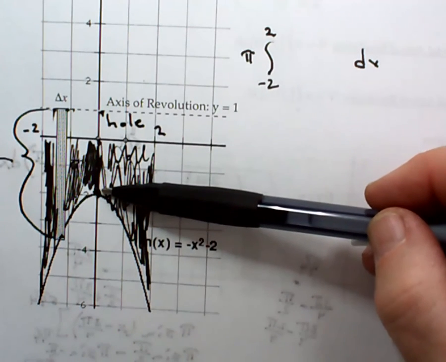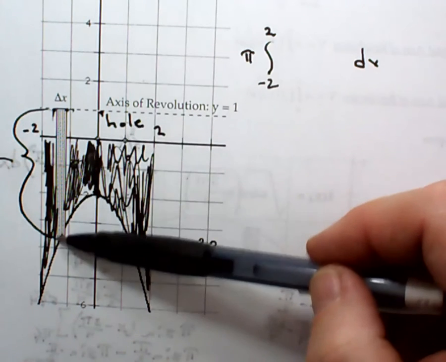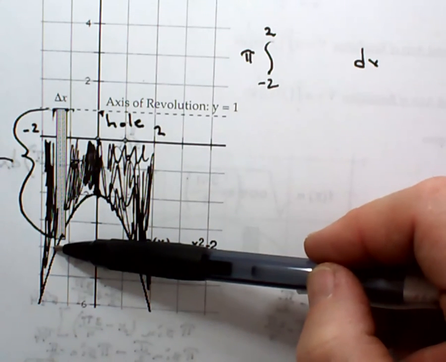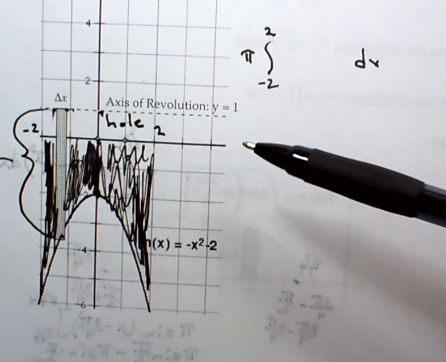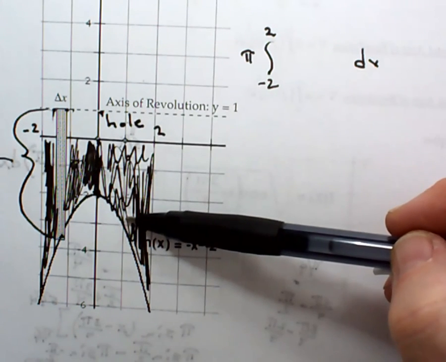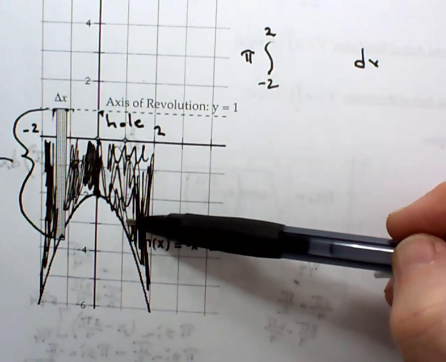Does that work? 1 minus a -4. Does that give me a distance of 5? 1 minus a -3. Does that give me a distance of 4? In other words, if I do top minus bottom, will I always get a positive number?